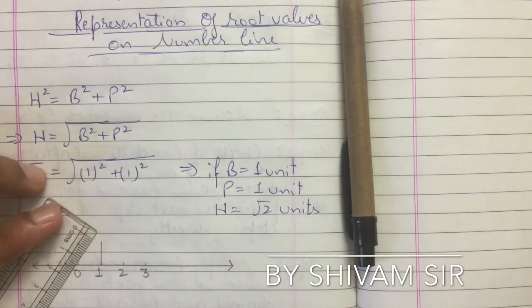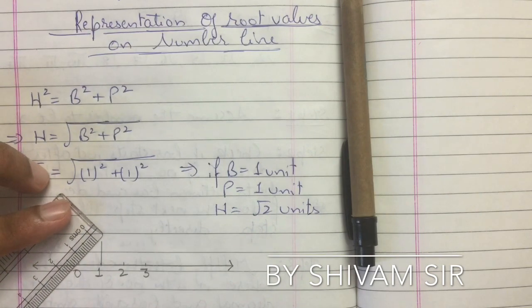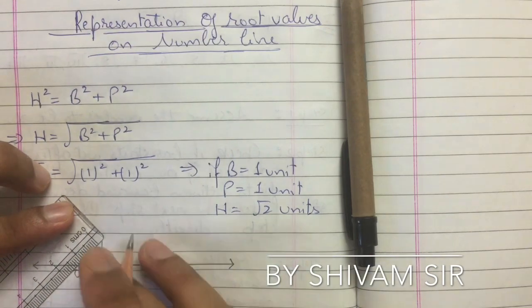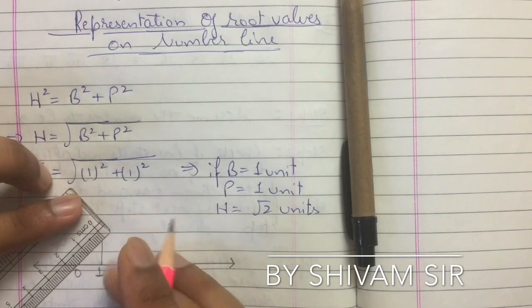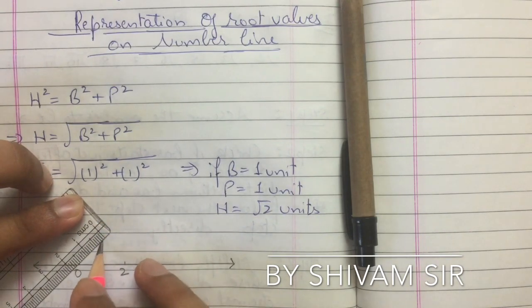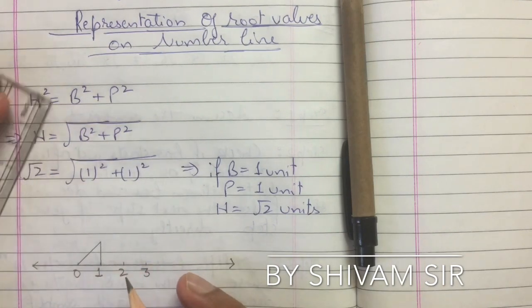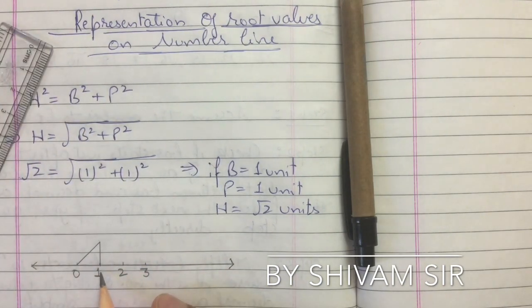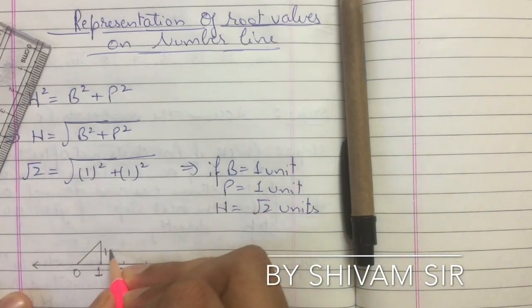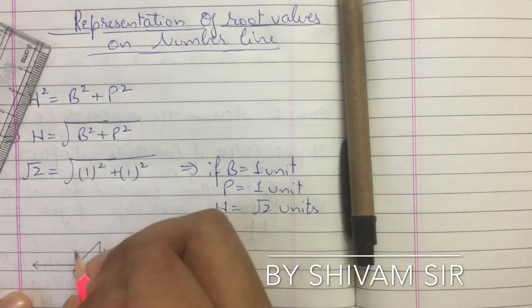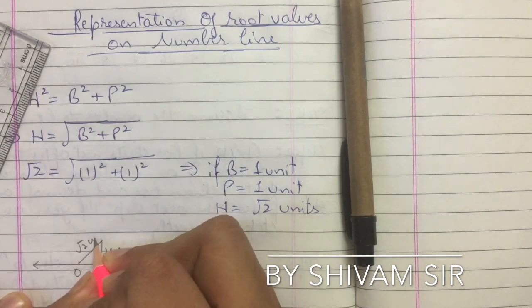Now join it with the origin. So once we join it with the origin, the hypotenuse so obtained will be of root 2 units. So this is 1 centimeter, this is 1 centimeter, so this will be root 2 centimeter.